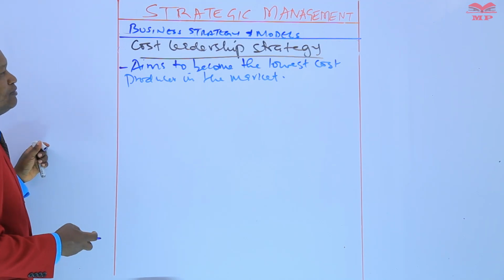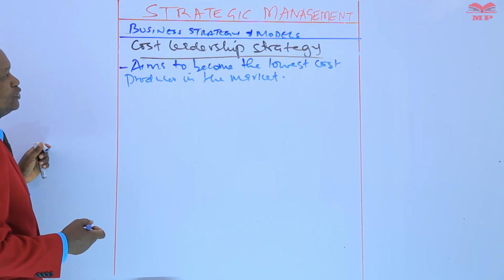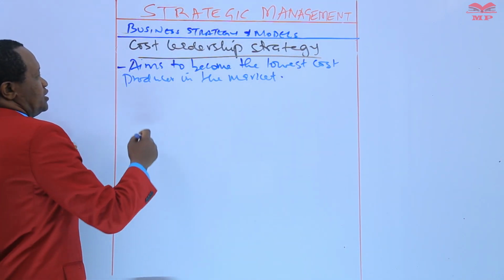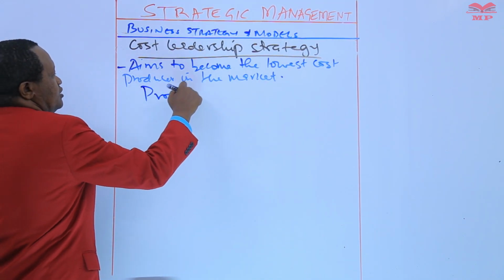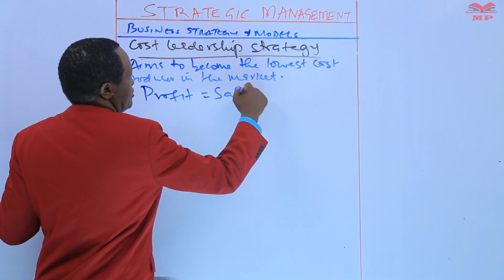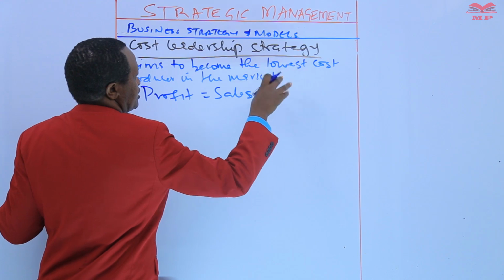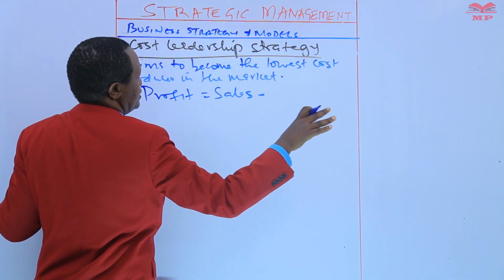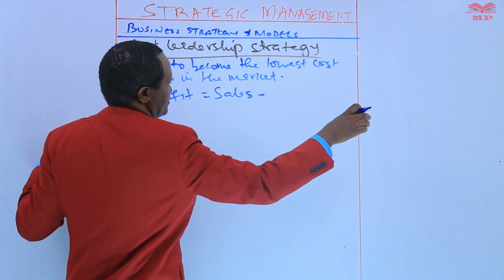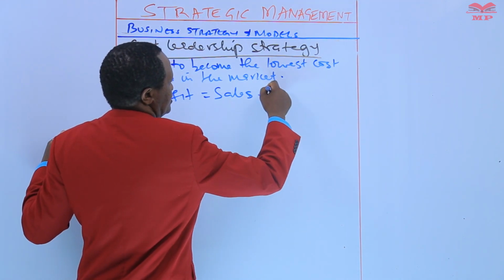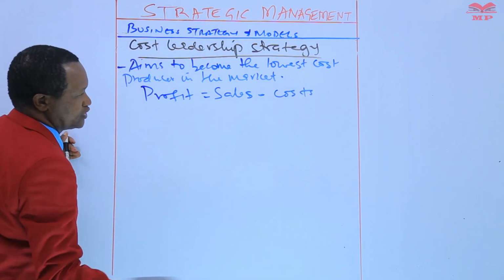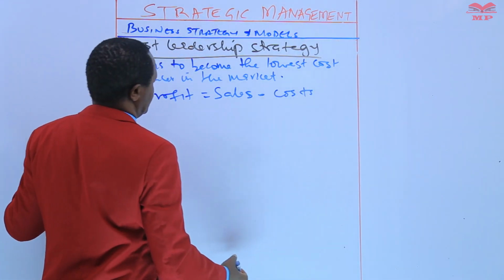It aims to become the lowest cost producer in the market. Because we all know that profit equals sales minus cost of sales. If it is net profit, then it will be minus cost of sales and operating expenses. All right? Let me just say cost. It could be cost of sales or cost of operating expenses.